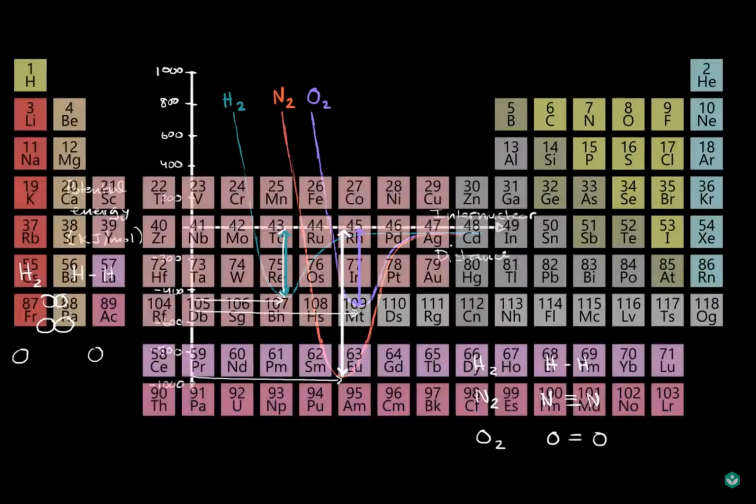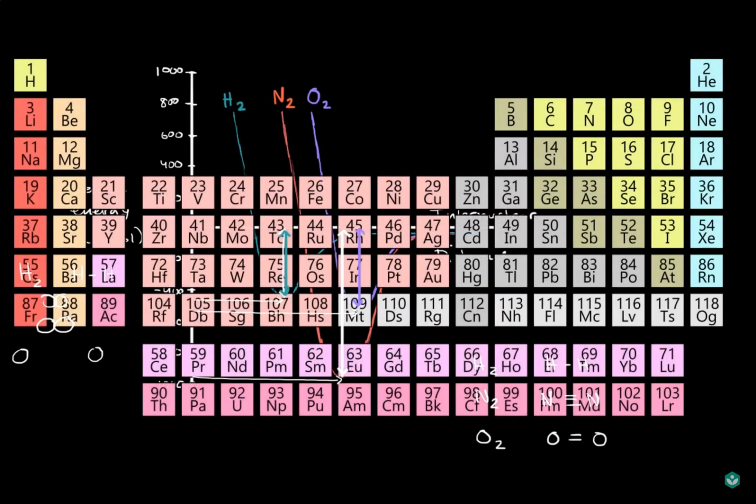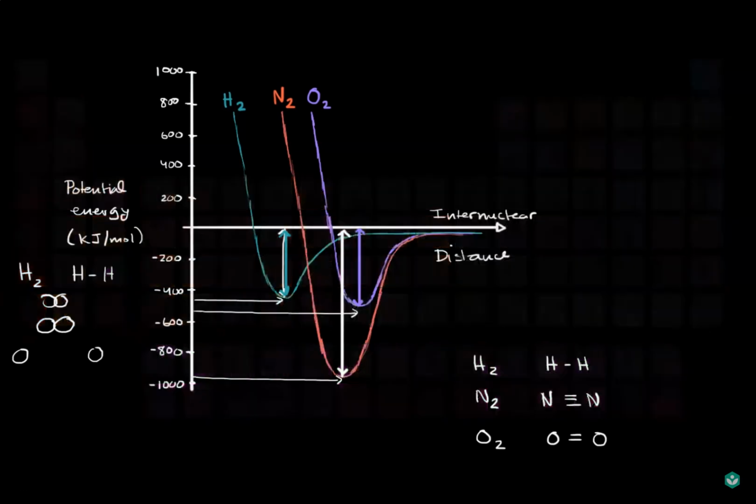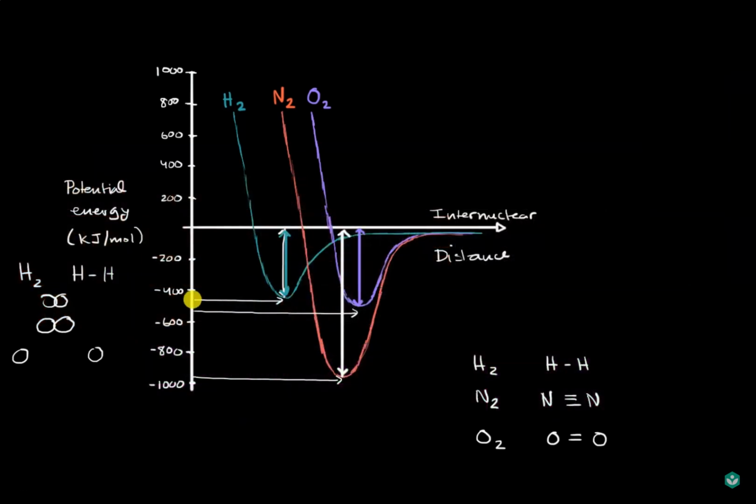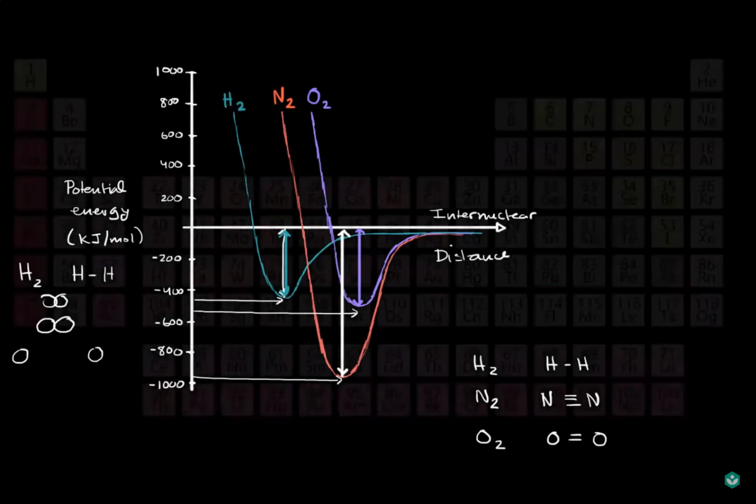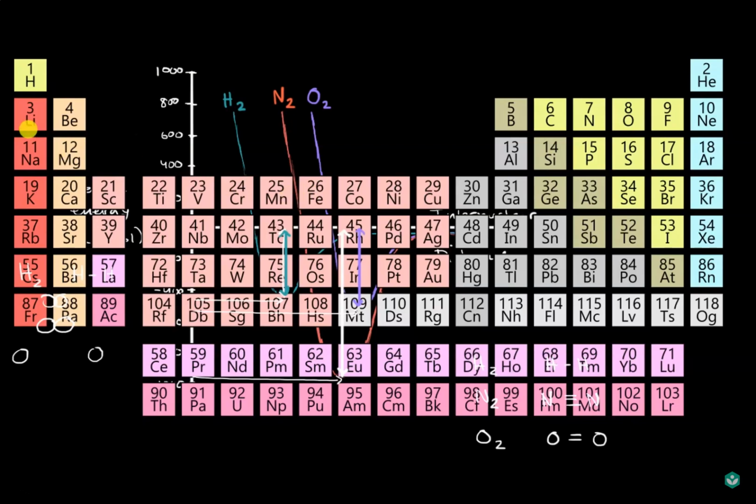But let's also think about the radii of these atoms. If we get a periodic table of elements here, we can see that hydrogen only has one electron in that first shell. And so it's going to be the smallest. So that makes sense over here, that the distance where you have the lowest potential energy is shortest for the diatomic molecule that's made up of the smallest atoms. But then when you look at the other two, something interesting happens.